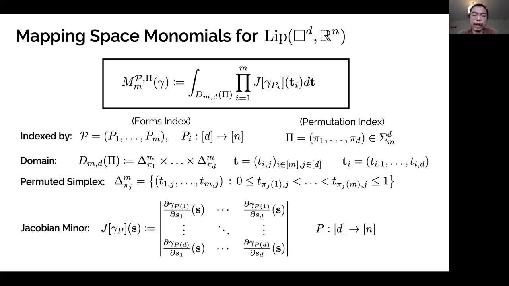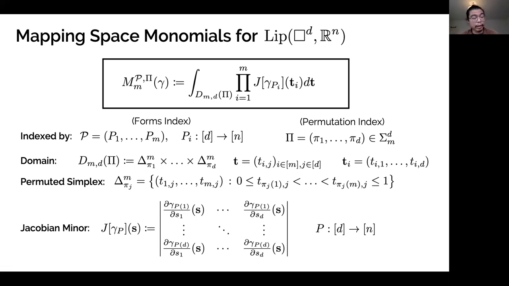And this J gamma P is just the Jacobian minor when the map gamma is restricted to the coordinate specified by this form's index P. So we're taking the determinant of this Jacobian minor.